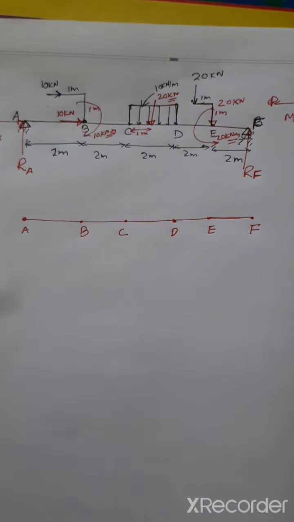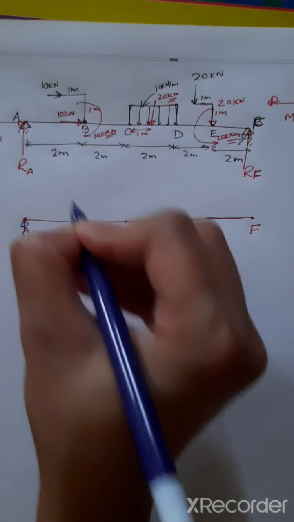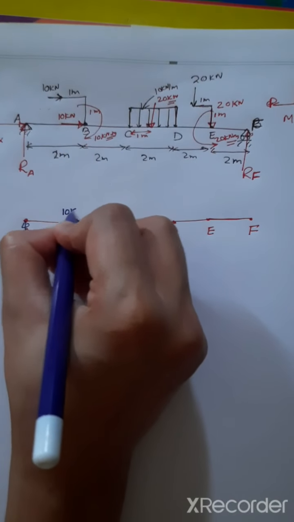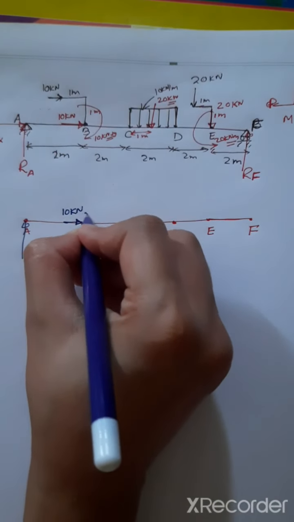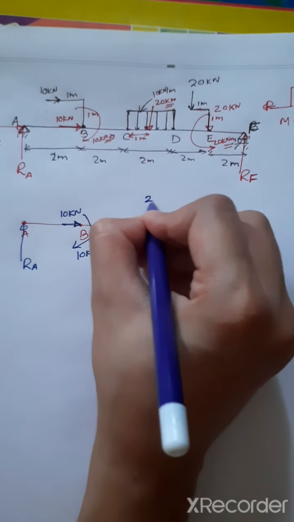So we can see here we have one vertical reaction RA. At point B we have horizontal force of 10 kilonewton and a moment of 10 kilonewton meter. At the midpoint of C and D we have a load of 20 kilonewton.